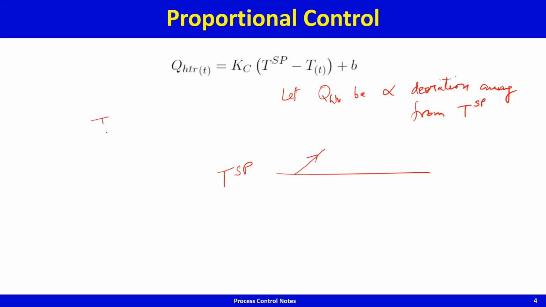So if T increases, QHTR must decrease. That's a negative proportionality constant.